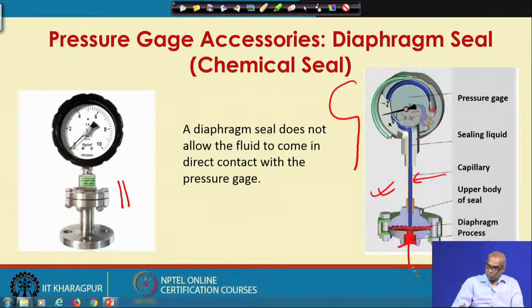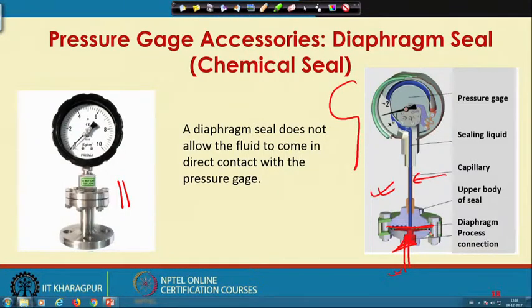Now, this diaphragm receives the pressure from the fluid which is corrosive. I use suitable material of construction for the diaphragm. So, the diaphragm is corrosion resistant. The diaphragm receives the fluid pressure and then it is transmitted to the Bourdon tube or the pressure gauge through this capillary tube, which is also filled with the sealing liquid.